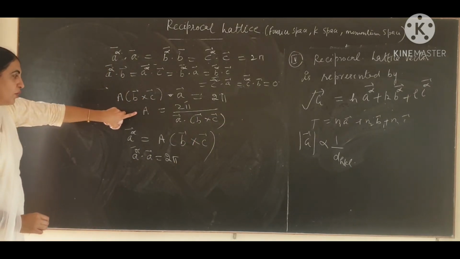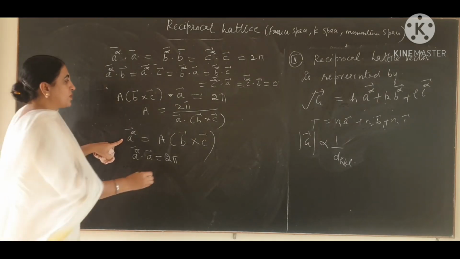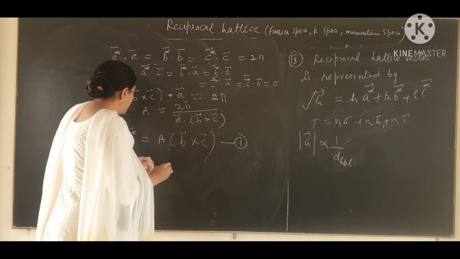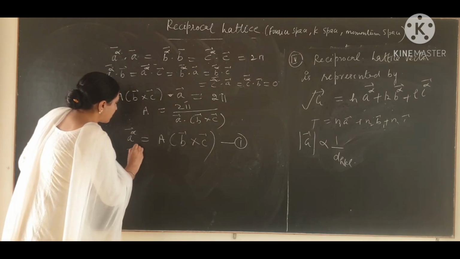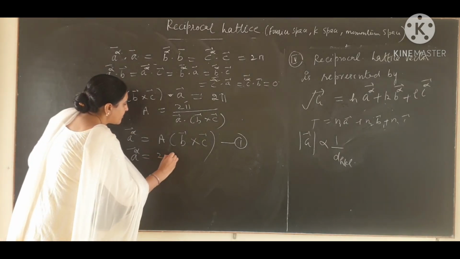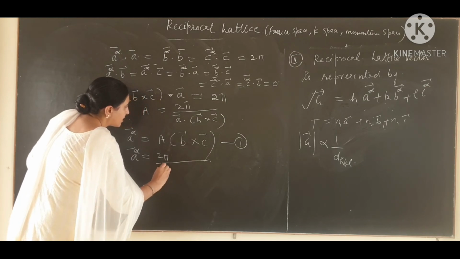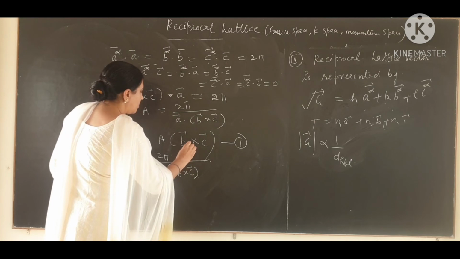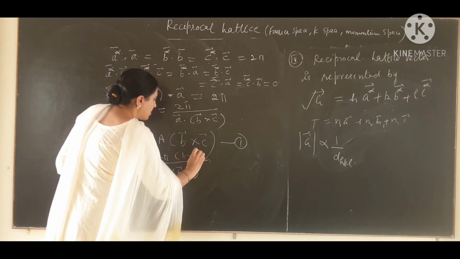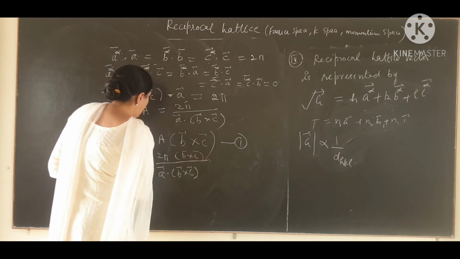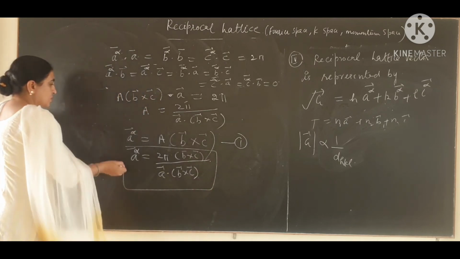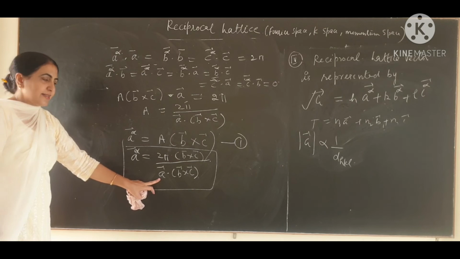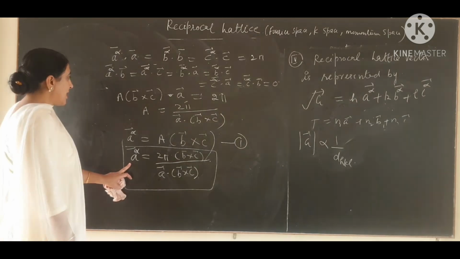So put the value of A here in equation number 1. What do you get? A star is equal to 2 pi upon A vector dot B vector cross C, into B cross C. So this is the value of A star. This A dot B cross C is the volume in the direct lattice. Clear?